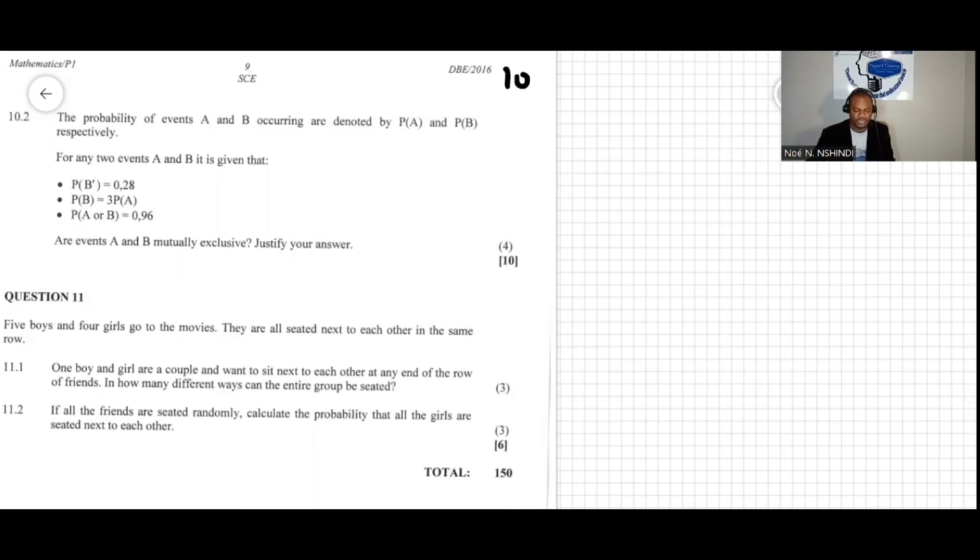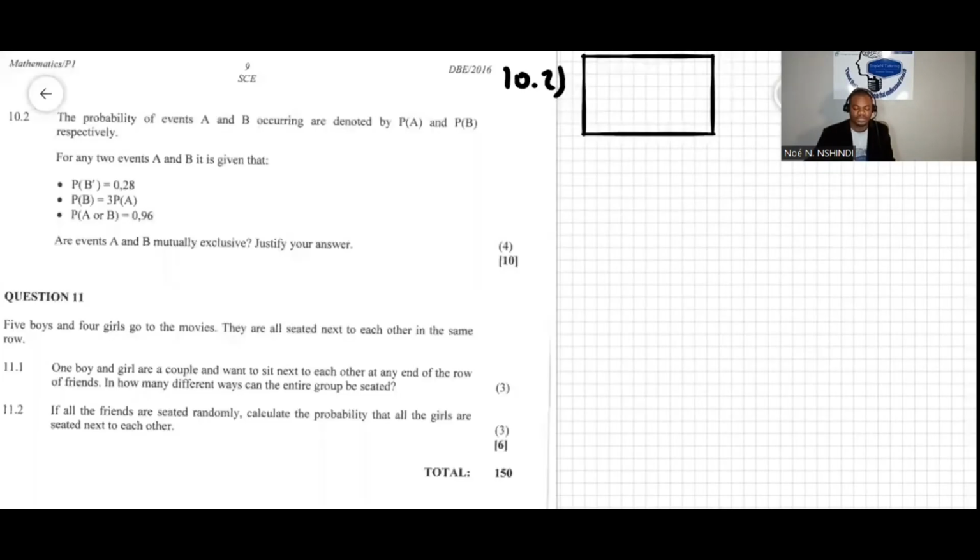So we're doing 10.2. The question is to prove whether A and B are mutually exclusive. Two events are mutually exclusive if the intersection is equal to 0. It's like if we have one circle there and another circle there, with no intersection between the two.